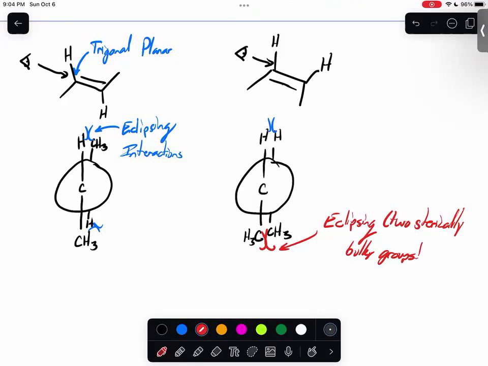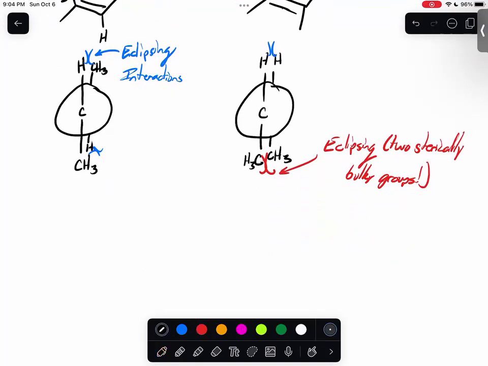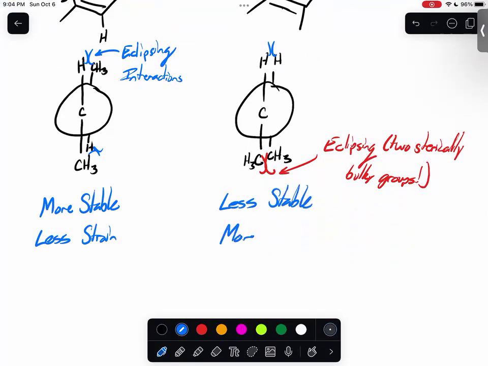So when we think of these in terms of stability, they are also different, right? Large groups cause more strain. So the Newman projection on the left-hand side is more stable, because there is less strain than on the right-hand side, which is less stable because it has more strain.